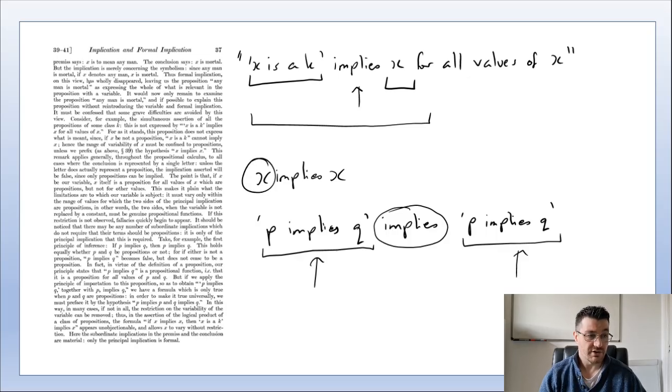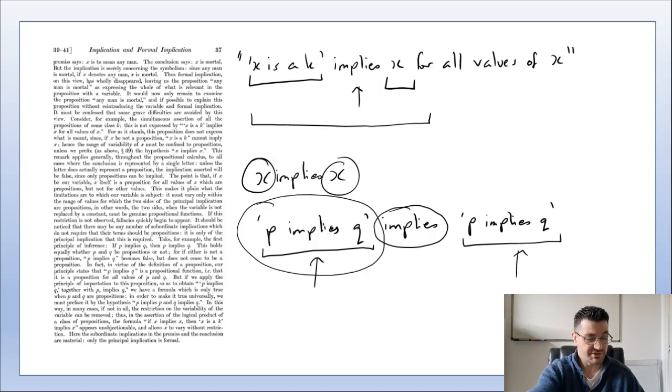Here they're represented by single letters, whereas here they're not. We've got P implies Q, which is not represented by a single letter. So this is one of the distinctions that he's making here.